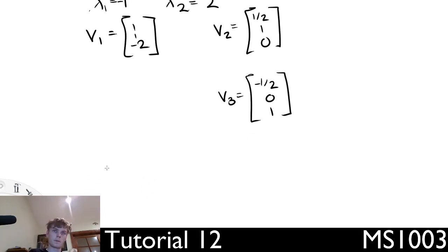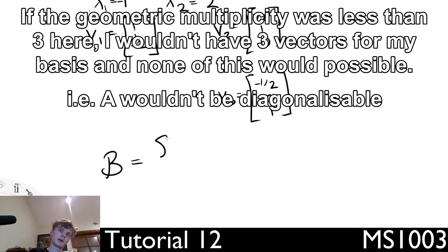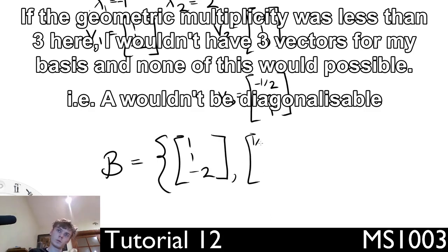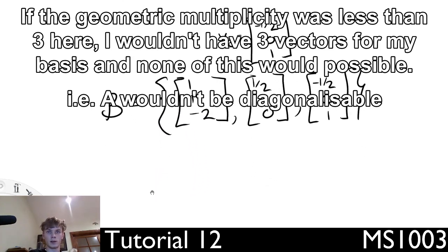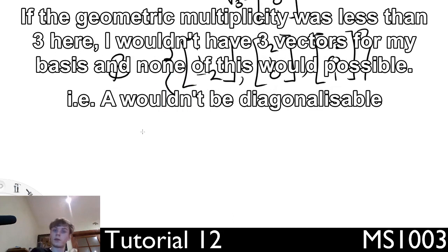So if I define my basis B to be the basis generated by 1, minus 1, 2, a half, 1, 0, and minus a half, 0, 1. If I look at this basis here, you can find something interesting.